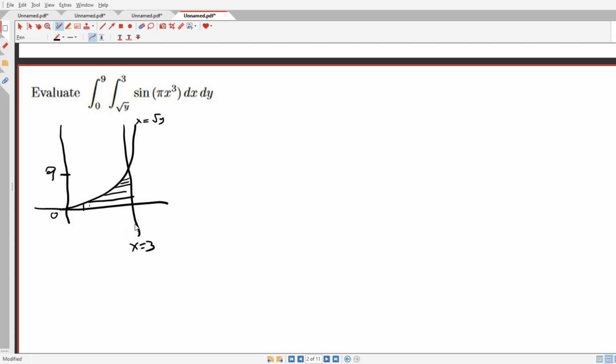Okay, so now instead of horizontal strips, I want to do the same thing, but in terms of vertical strips. So let me rewrite this. Instead of x equals root y, I have y equals x squared. So now I'm doing vertical strips, from 0 up to y equals x squared. And that's the same function.